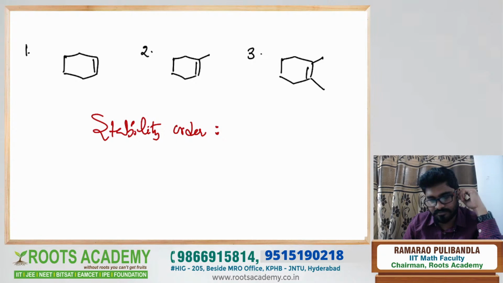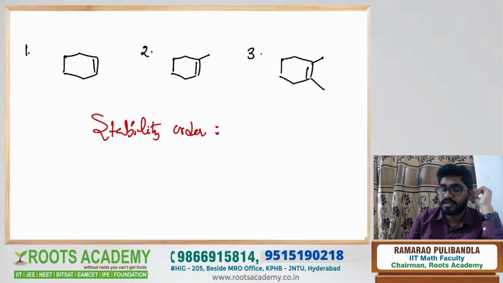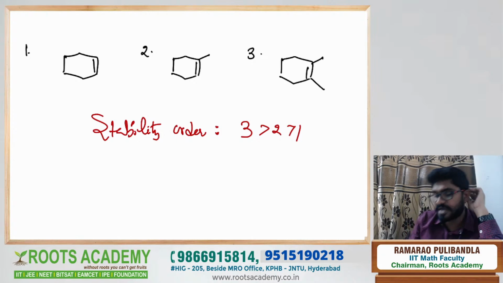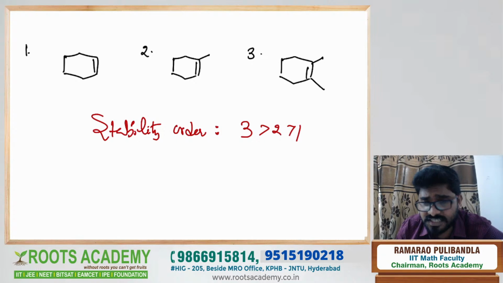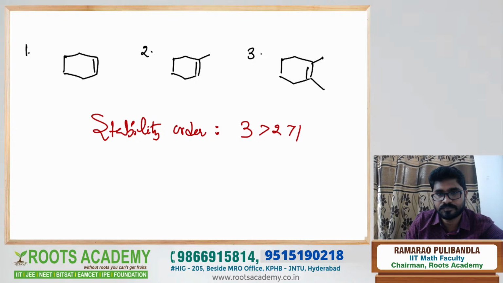Yes, Monica, good, very nice. 3 greater than 2 greater than 1. Now, apart from that, tell me how many hyperconjugations are there for the first one, second one, third one. Number of hyperconjugated structures. How many are there? Very good, guys.